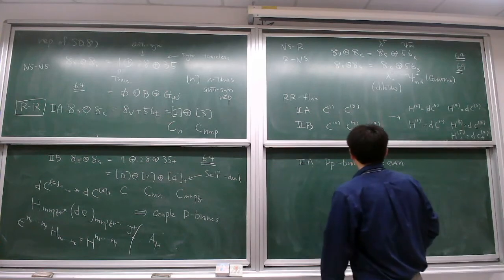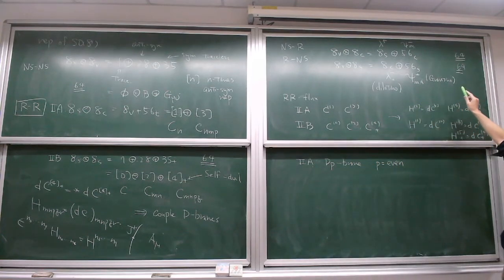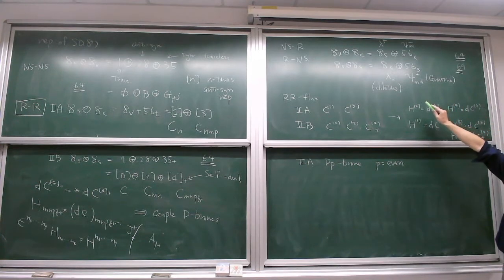And the reason why is that you have a two-form, right? Sorry, the two-form that is coupled to the D0 brane. Yeah, sorry.